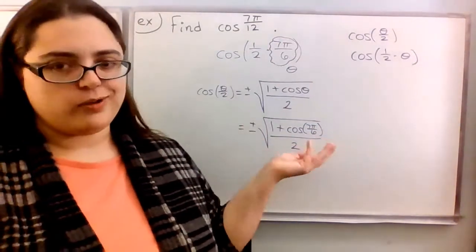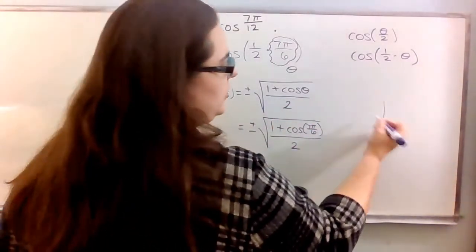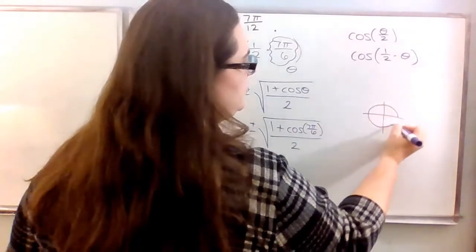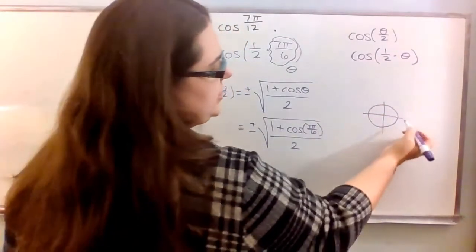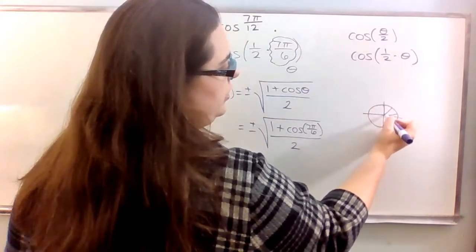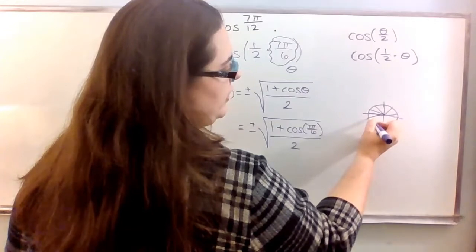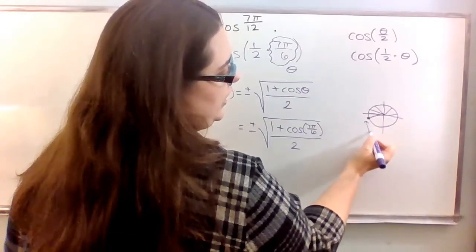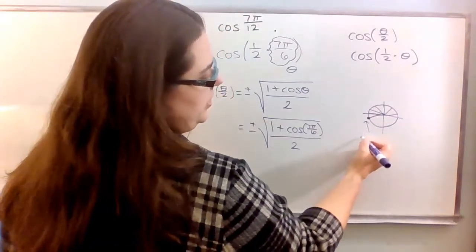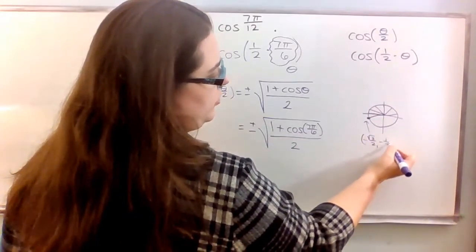Now I just have to figure out what is cosine of 7 pi over 6. So I'm going to draw my little unit circle. And I'm going to break it up into sixths. So here's 1, 2, 3, 4, 5, 6, 7. So it looks like at 7 pi over 6, I'm going to be at negative root 3 over 2, negative 1/2.